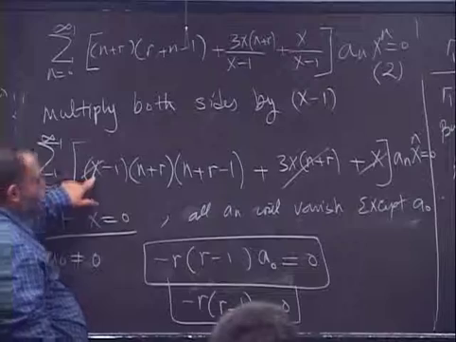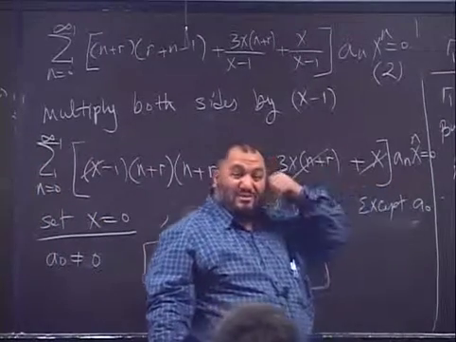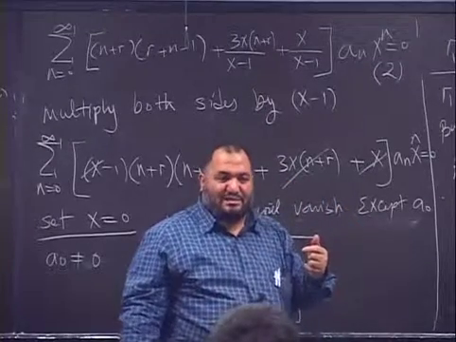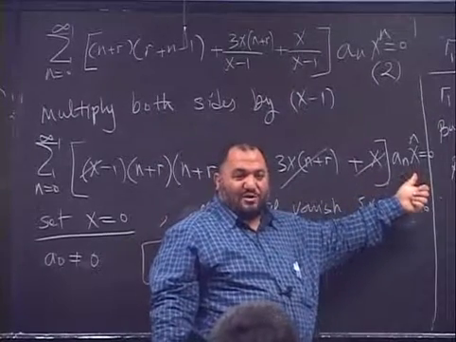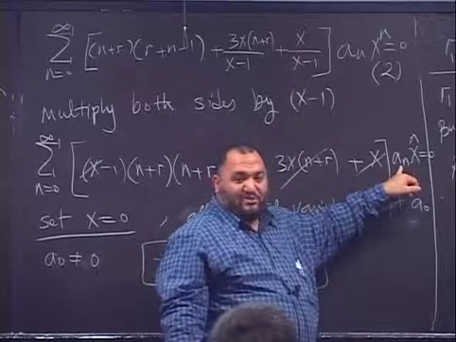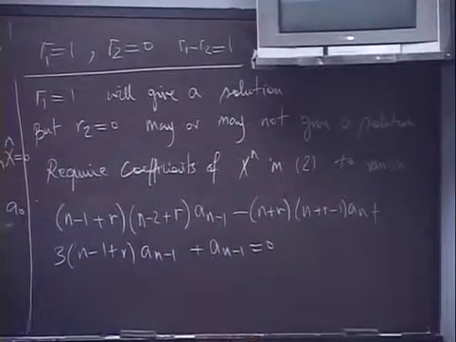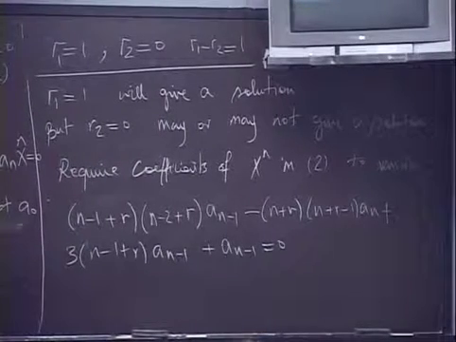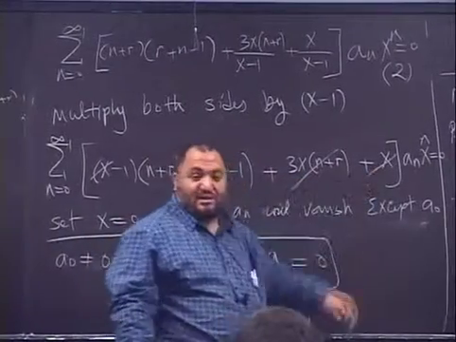So when you have x here, and this is x to the power of n, this will give you x to the power of n plus 1, but we need the x to the power of n, so you will substitute n equal to n minus 1 to get x to the power of n, and you will get an a_(n minus 1) term, and this is what you get here. Okay guys, and then if you have x, you will have the x's here, here, and here.